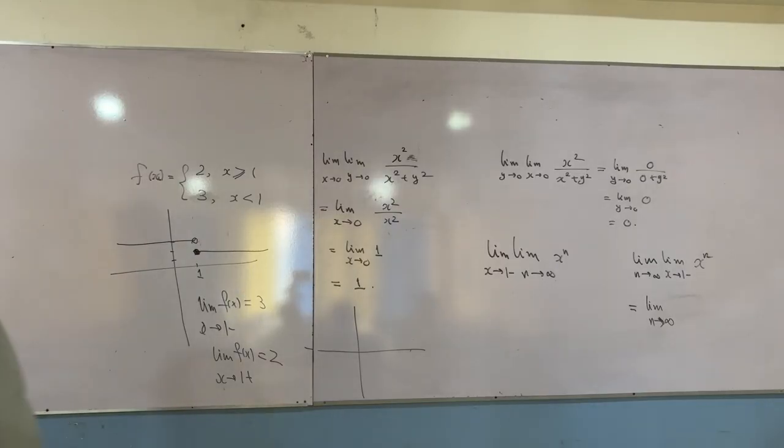The limit of x to the n as x tends to 1 minus.